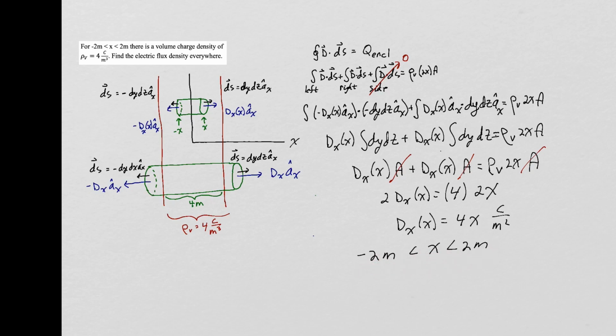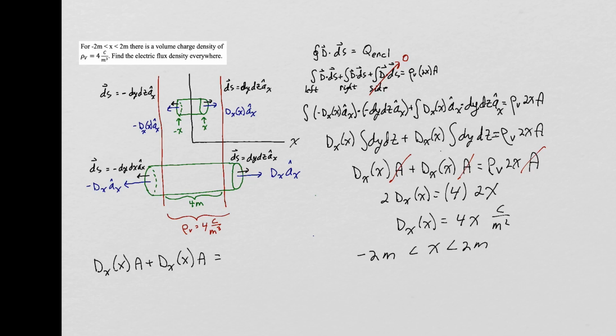Now, when we apply Gauss's law to our second Gaussian surface, everything on the left-hand side will be the same. So starting at this point, our left-hand side will be the electric flux density field times the area plus the electric flux density field times the area for the 2 faces. And this is going to equal the charge enclosed.